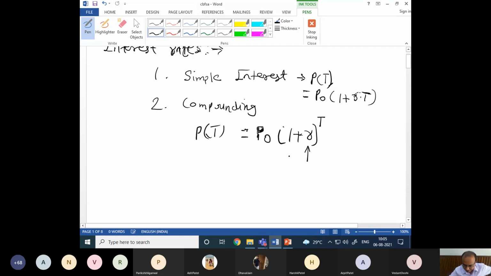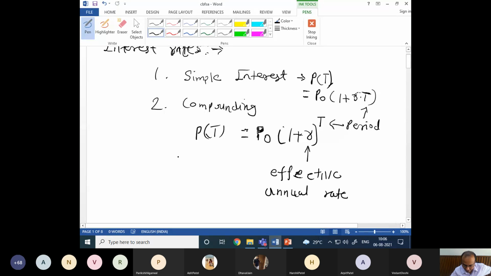And what is R here? This R is a very important term, which is the effective annual rate.